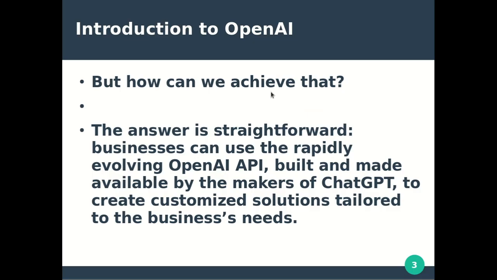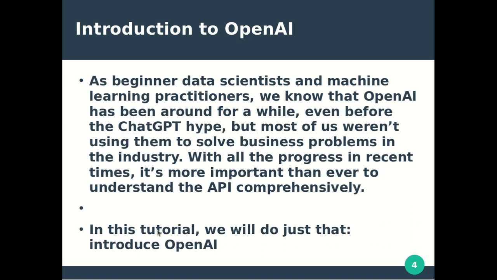The answer is straightforward. Businesses can use the rapidly evolving OpenAI API built and made available by the makers of ChatGPT to create customized solutions tailored to the business needs. As beginners, data scientists and machine learning practitioners, we know that OpenAI has been around for a while, even before the ChatGPT time, but most of us weren't using them to solve business problems in the industry.